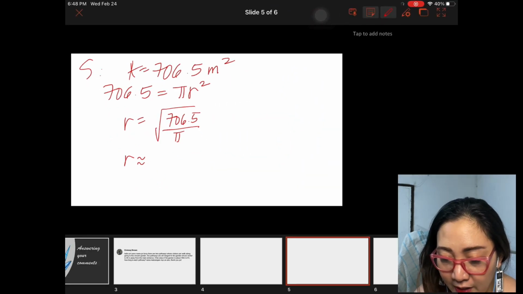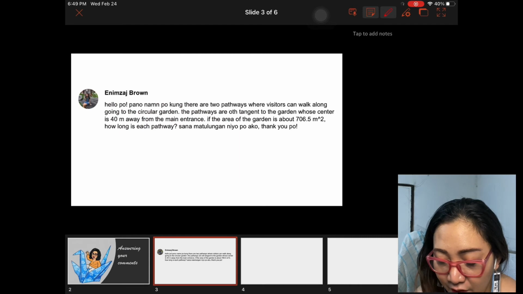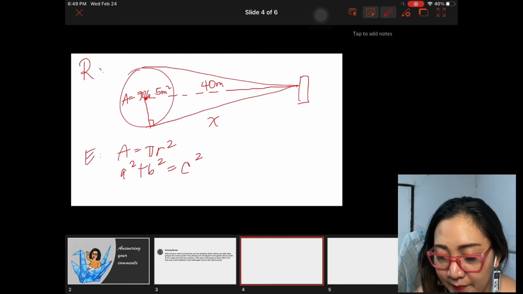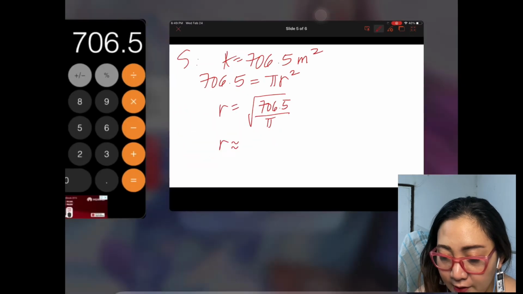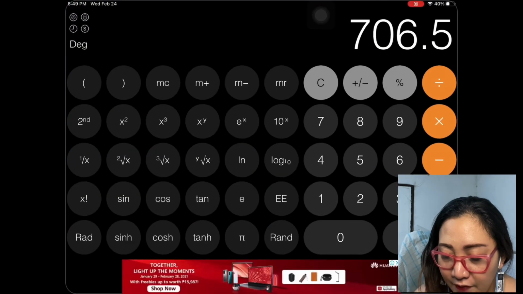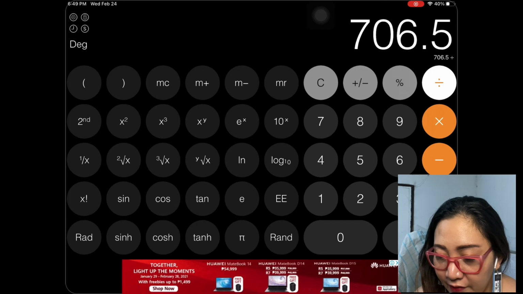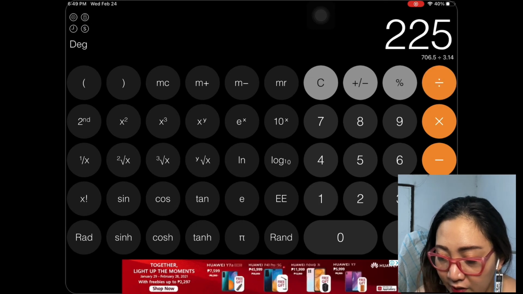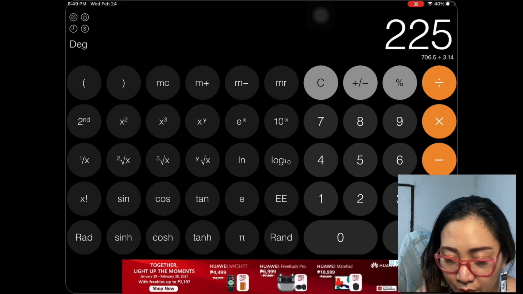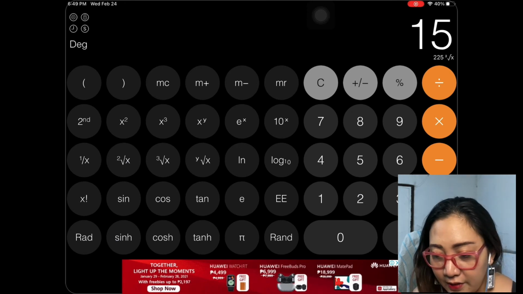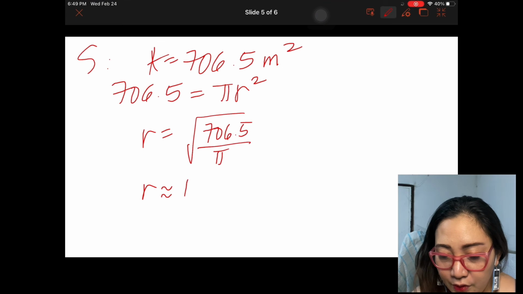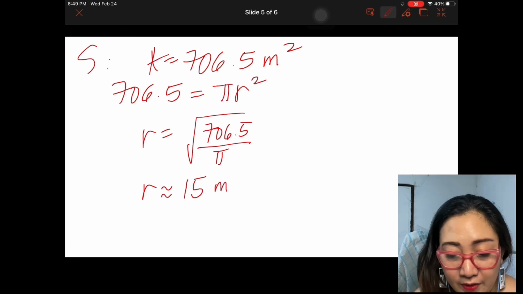Baka mamaya mali naman yung value na binigay ko. 706.5. Okay. Tama. So let's go back. 706.5 divided by 3.14. And then we're going to get the square root of that. It's 15. Okay? So your radius is 15 meters.